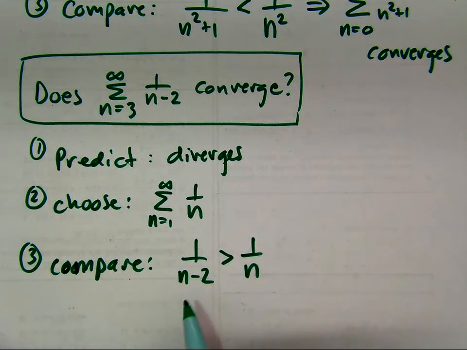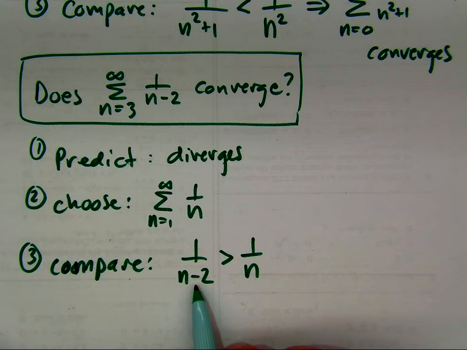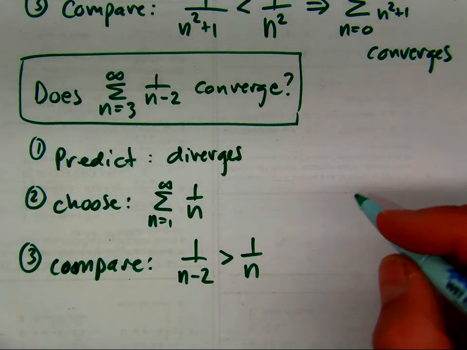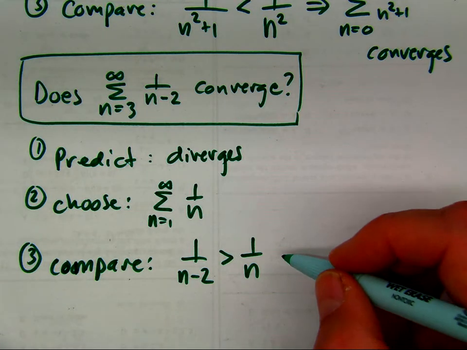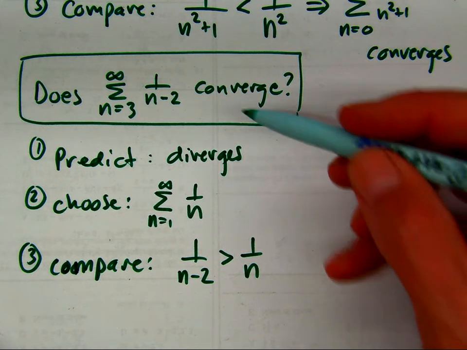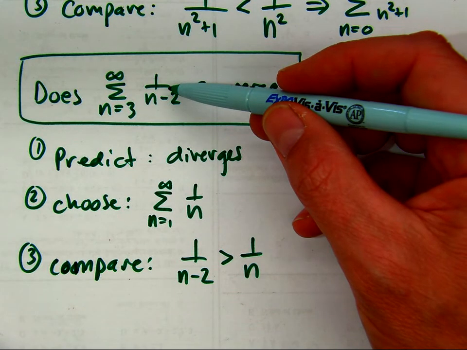And here the denominator of this is less than the denominator of this. So that means this fraction is greater than that fraction. That's what we need to show divergence. We have to show that these terms are greater than these terms.